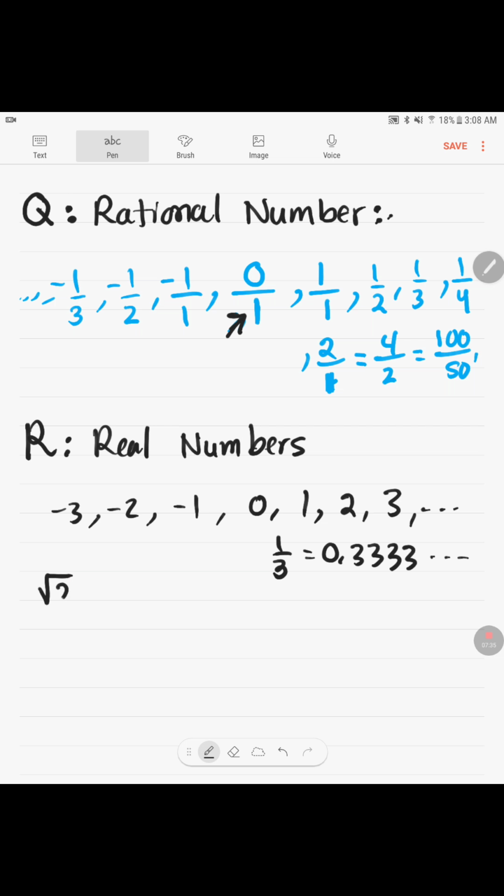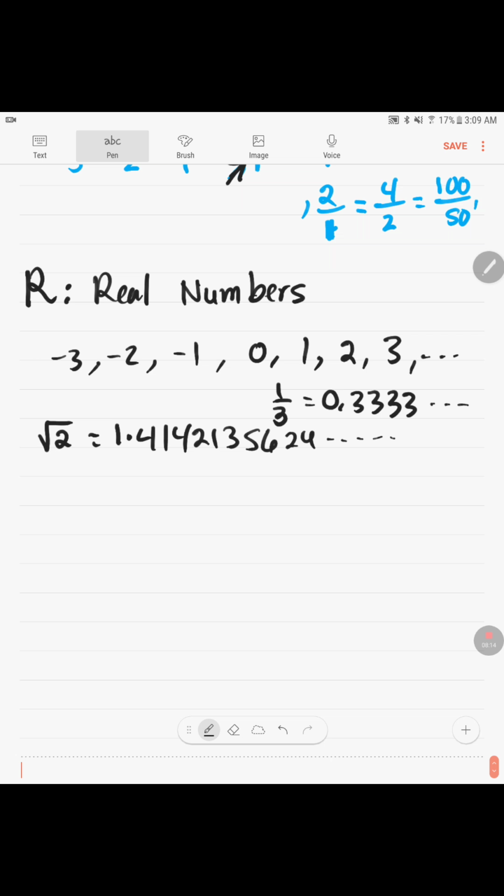Also, it includes the number square root of 2, which is 1.4142135624, etc. So any number that could be represented as a decimal, infinite or terminating like the 1/2, which is 0.50.